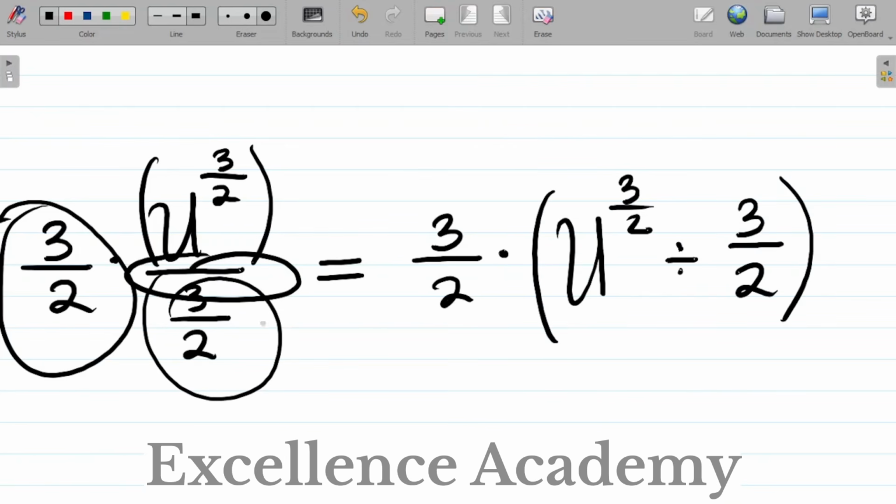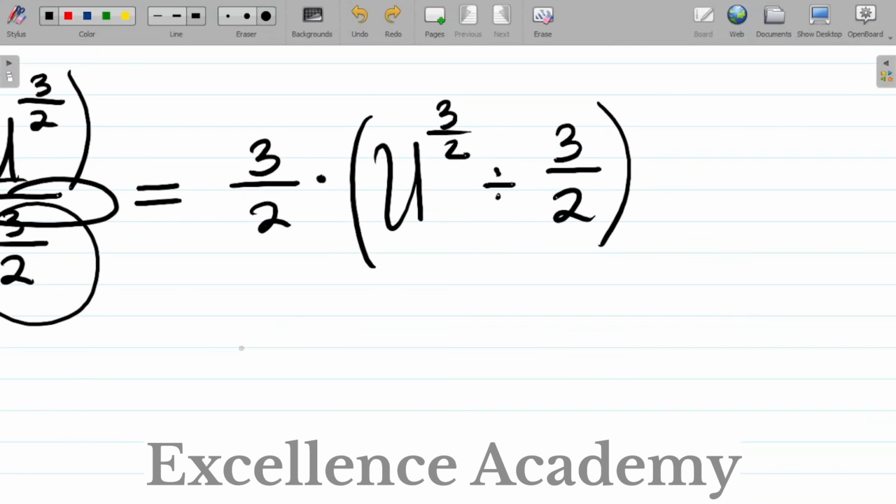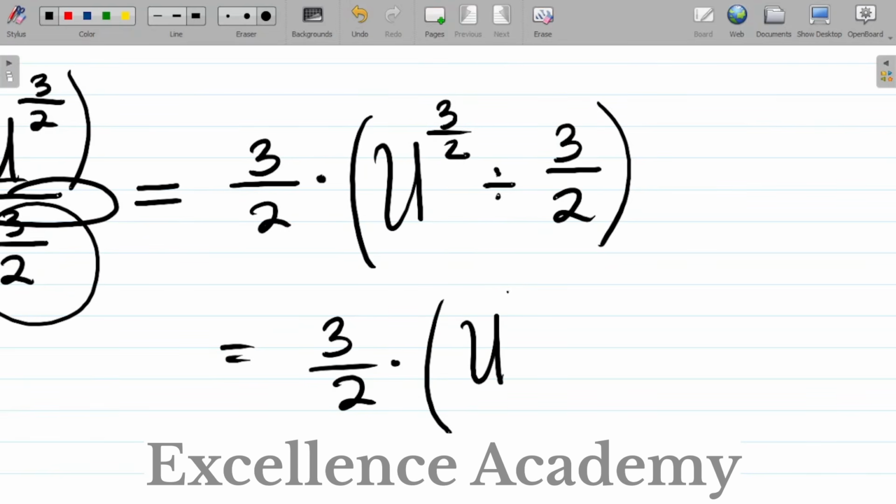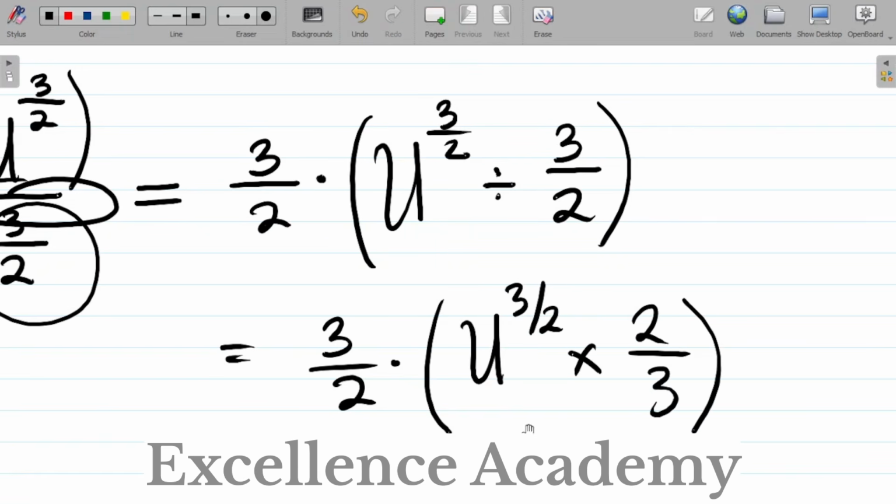That's what we're doing here. From that, this is equal to 3 over 2 dot u to power 3 over 2. Of course, this changes to multiplication, so times 2 over 3. So I have this.